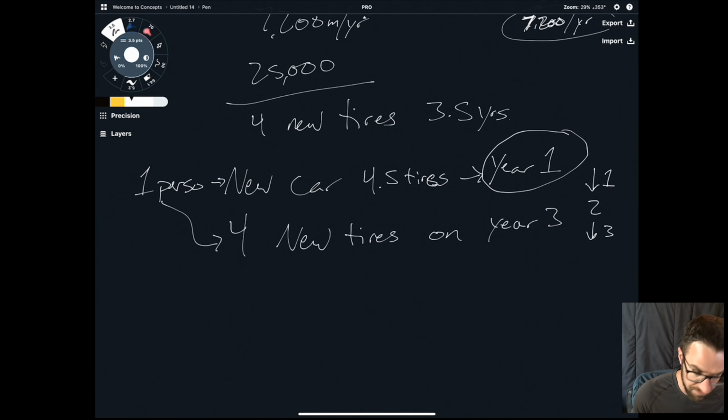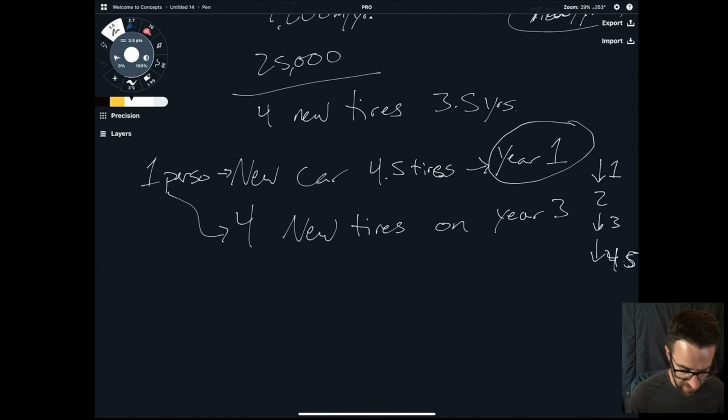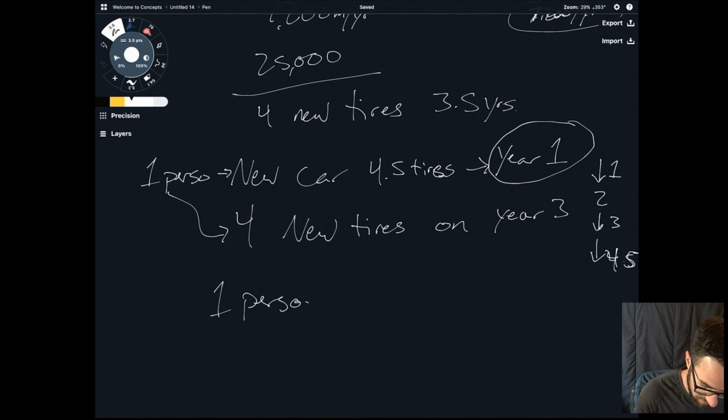So that's year 4, 4.5. Okay, so what we know then is that one person will get 8.5 tires every 4.5 years.